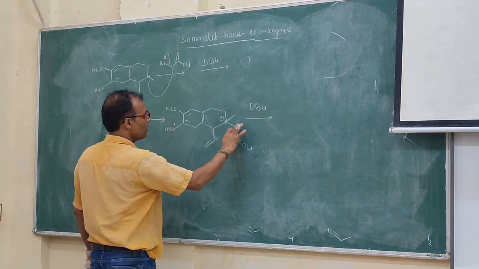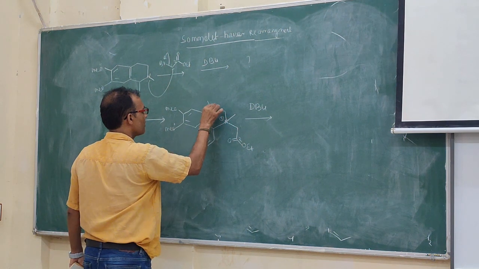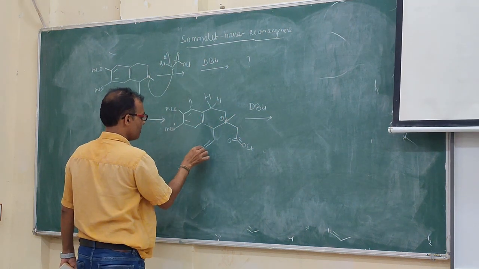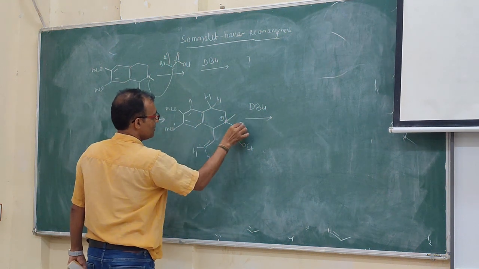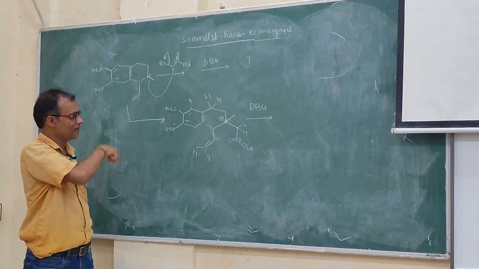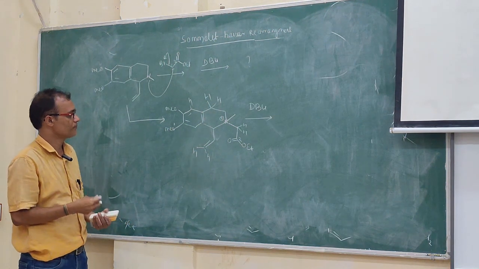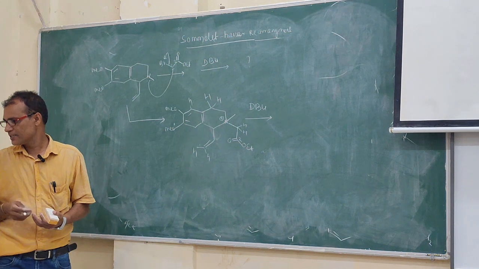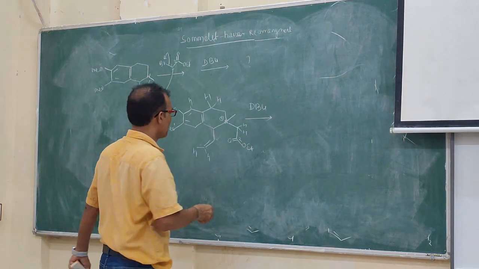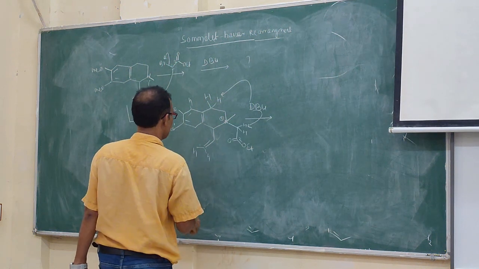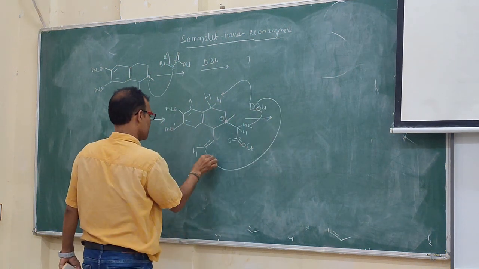You have a proton here, here, here, here, here, and here. So if you give the base, then it will take a proton. So it may take here, it may take here, or here also.